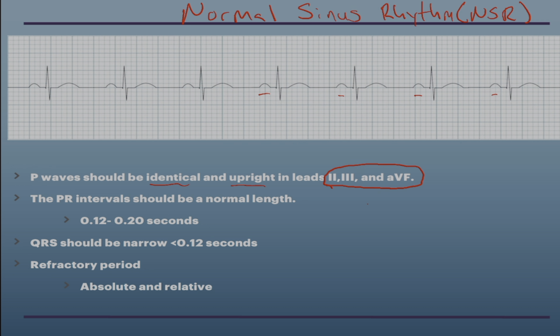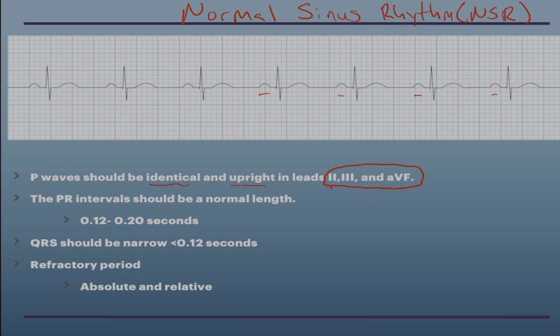And that's because the view that 2, 3, and AVF are looking at the heart from, they're perceiving this positive depolarization wave traveling towards the positive pole of that lead, and it's going to interpret that as a positive deflection on my ECG. So you can see above here I have P waves that are identical and all in a positive direction. So that's one characteristic of a normal sinus rhythm.